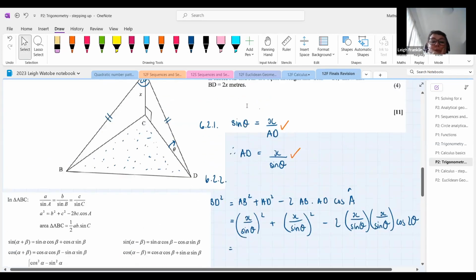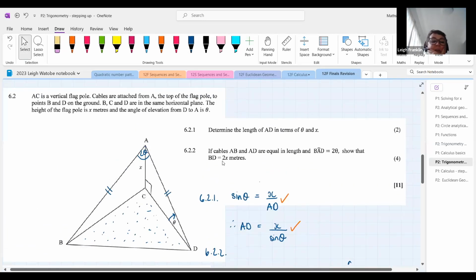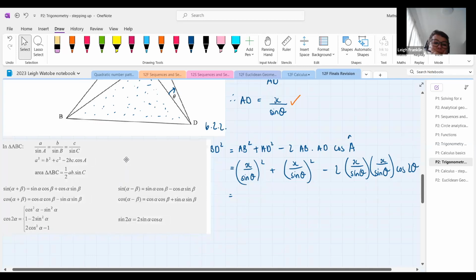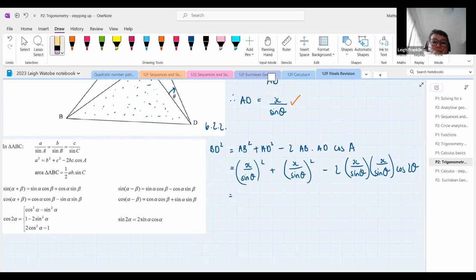Remember, when you simplify all of this, we are trying to prove that BD is equal to 2x meters. So I'm just going to start working slowly behind you guys.